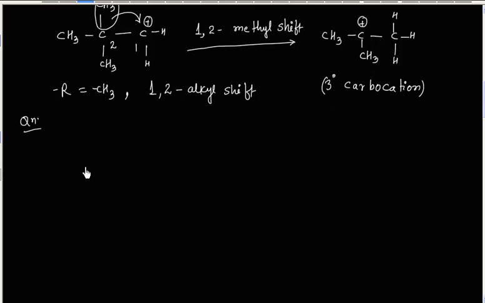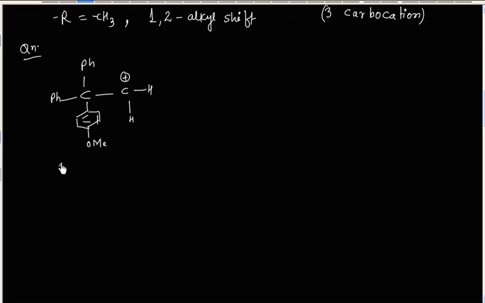Now let us try this problem. So we have two benzene rings attached to this carbon, and one benzene ring contains an OMe group attached, and we have a 1 degree carbocation.